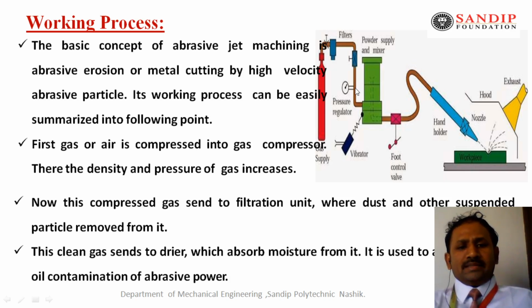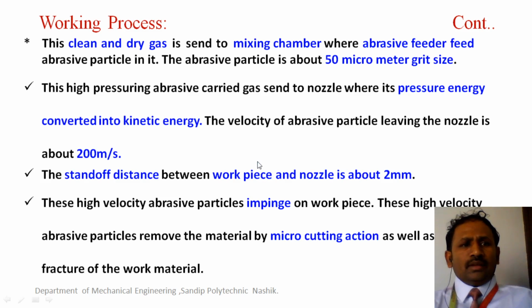Now, this compressed gas is sent to filtration where dust and other suspended particles are removed from it. Then clean gas is sent to the dryer which absorbs the moisture and some dust particles also. Then the clean and dry gas is sent to the mixing chamber where the abrasive feeder feeds abrasive particles in it.